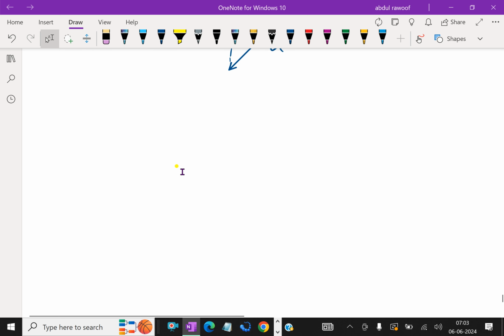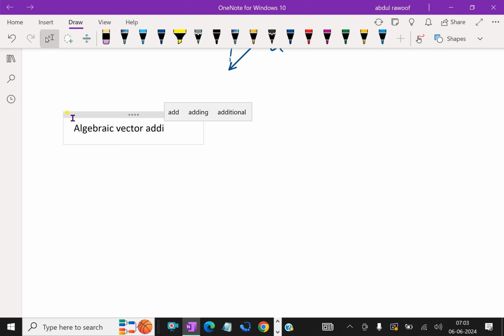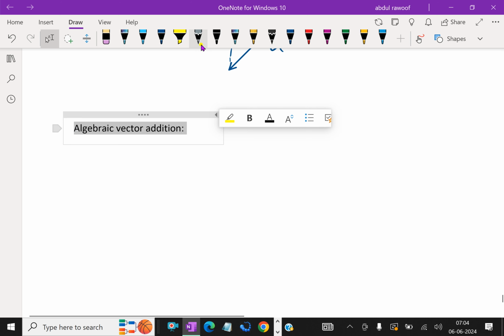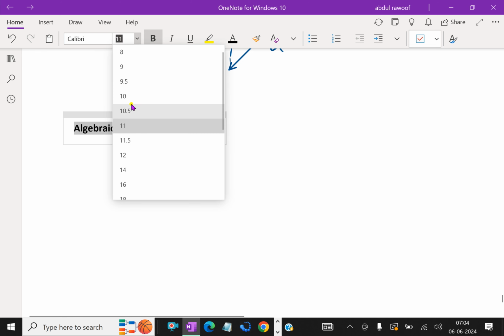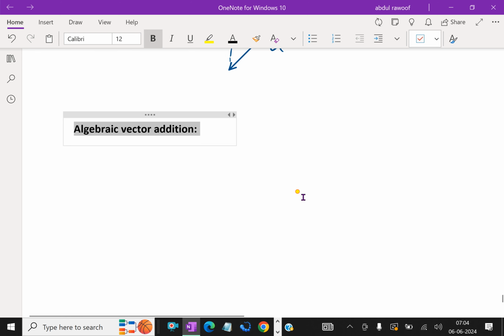Now, let us do vector addition, algebraic vector addition. Look at here.